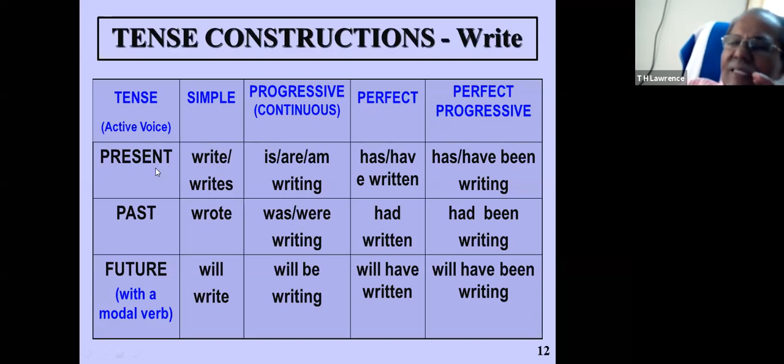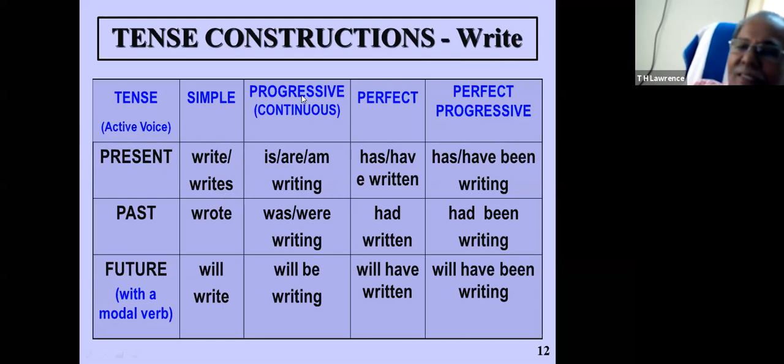Now see here, you have to take it like this, see the diagram. Present simple. The verb that we have chosen is write as a specimen verb. Write will appear either as write or writes in the present simple form. Then how will it appear in the progressive or continuous form?